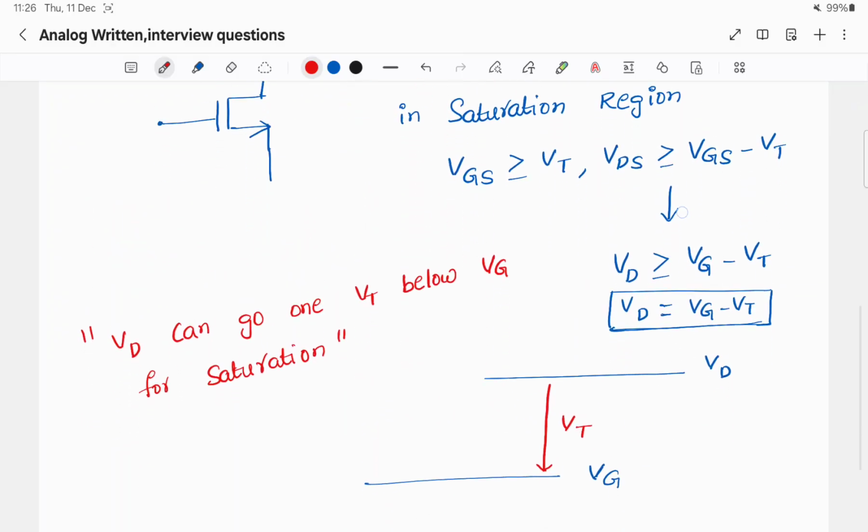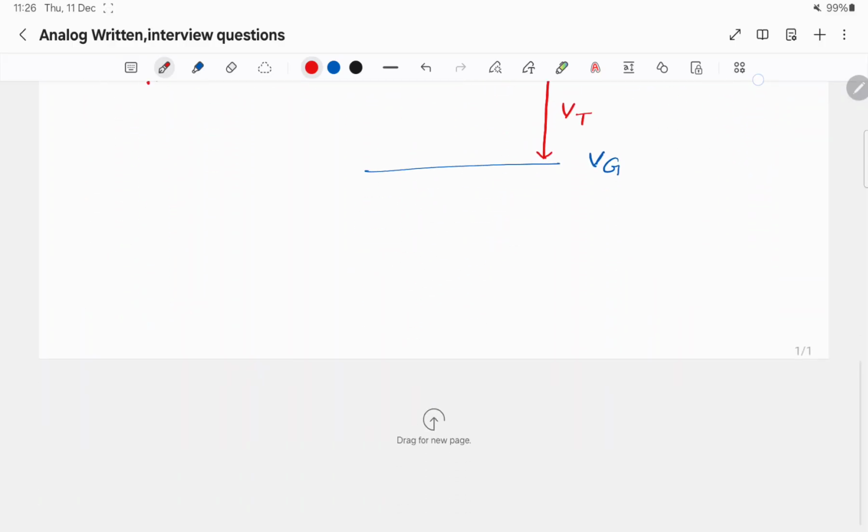So the conditions are VGS has to be greater than or equal to VT and VDS should be greater than or equal to VGS minus VT.